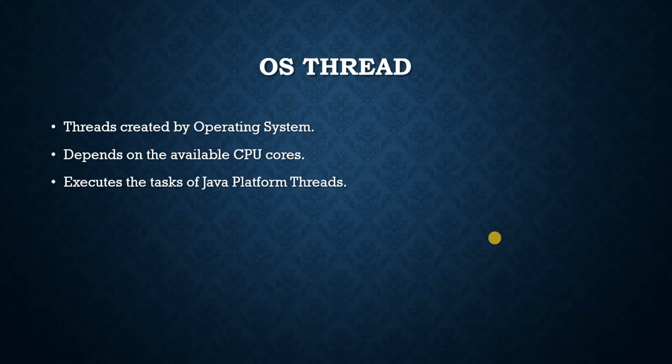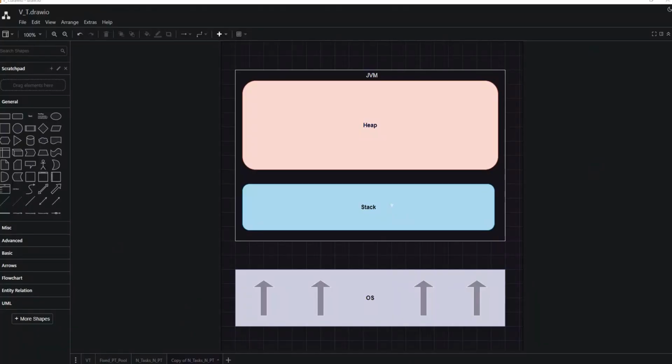So if you have a quad core machine with 4 CPU cores and 8 available processors, we are going to have 8 OS threads, and these are the ones which eventually perform the tasks which we assign to the Java platform threads. So let's see a visual representation of the same.